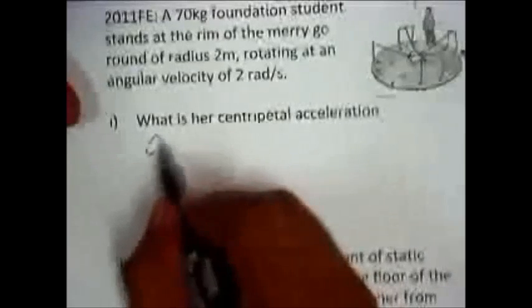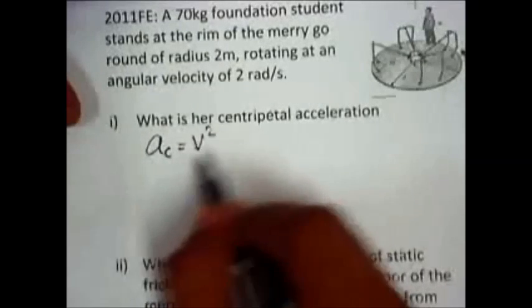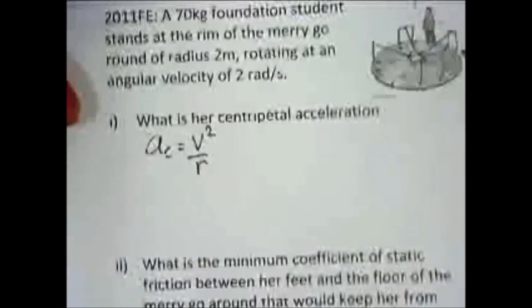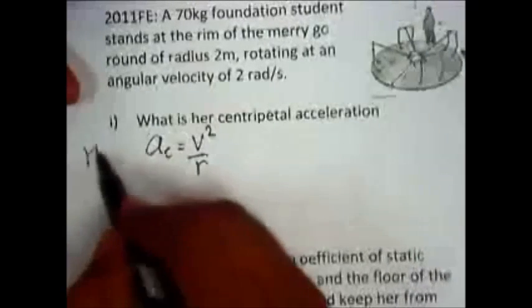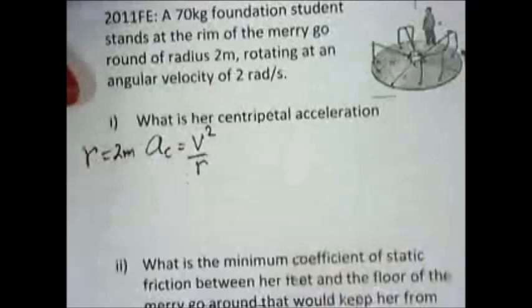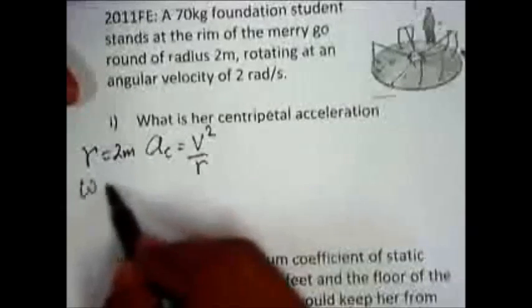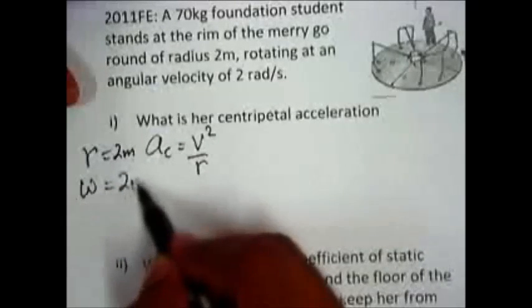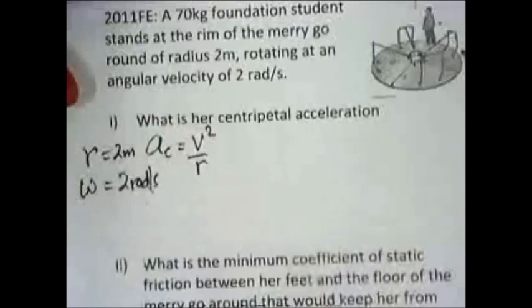Centripetal acceleration you know is equal to v squared over r. Because v is not given directly, but the radius is given 2 meters and omega is given 2 radians per second, you can use this formula to actually find your acceleration.